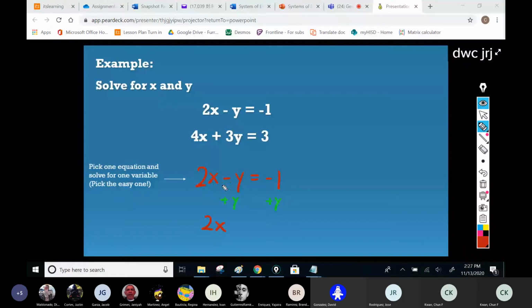So that means 2x equals -1 plus y. And then I'm going to move the -1 to the left, so plus 1 on the left and the right. So 2x plus 1 equals y.